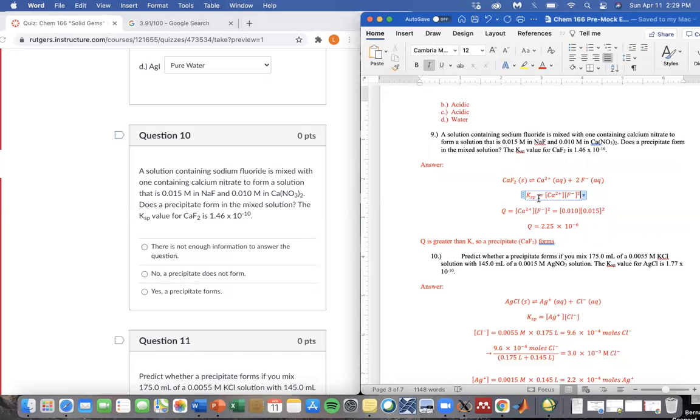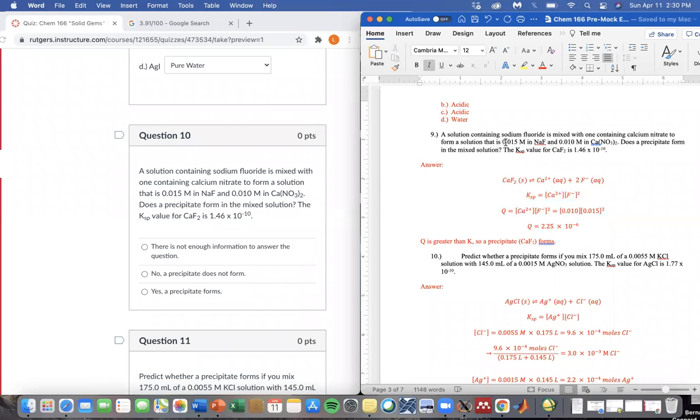And so if you remember, a while ago when we did basic equilibrium, before acids and bases, you would calculate your Q to figure out which way the reaction would move, towards your reactants or towards your products. In this case, you'd just calculate your Q based on the concentrations you were given.